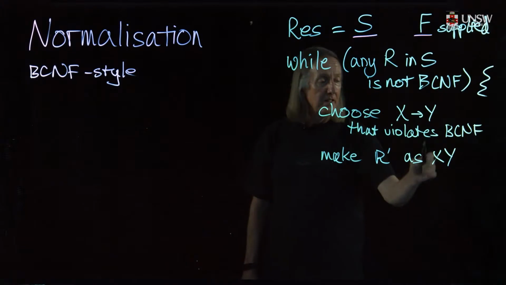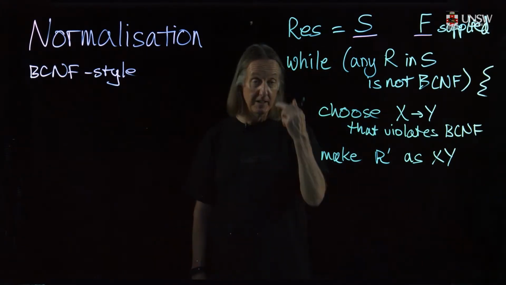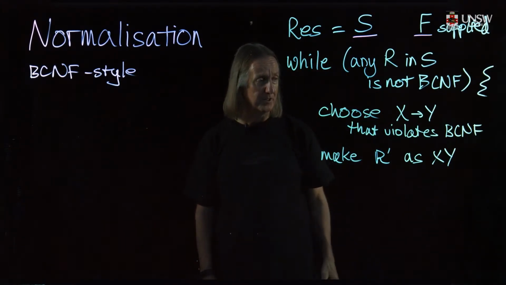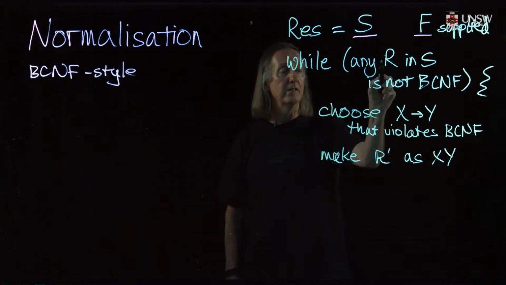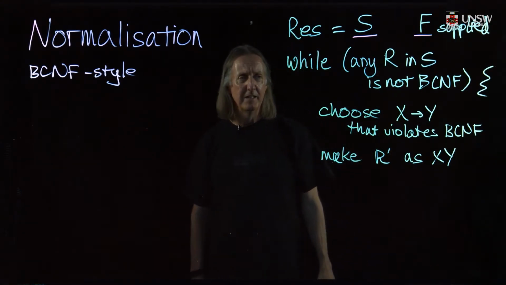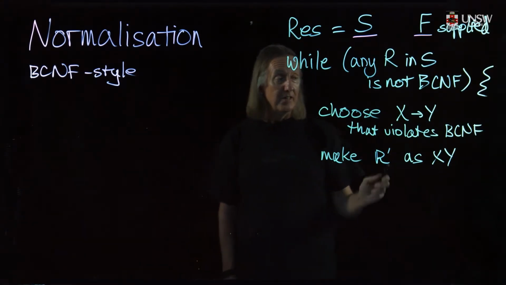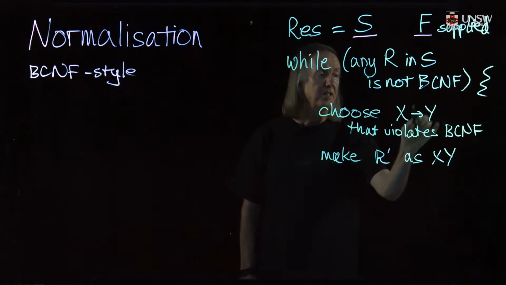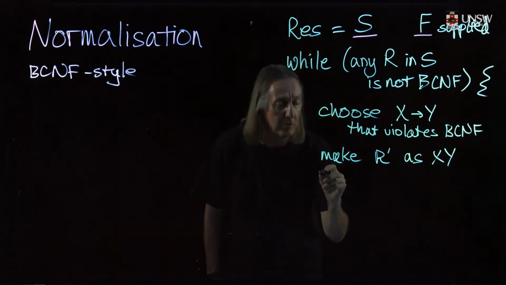Now, that's fine in itself. That's adding an extra table to the schema, but we've still got our original table R. That's a problem. The way we can fix the problem is to take Y out of that table.